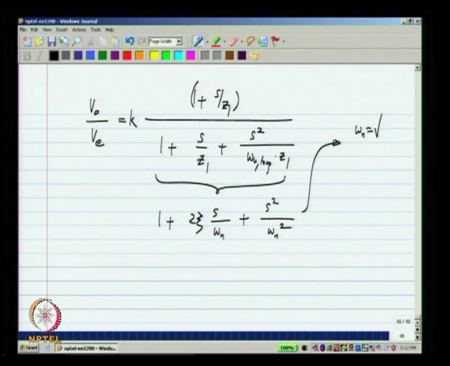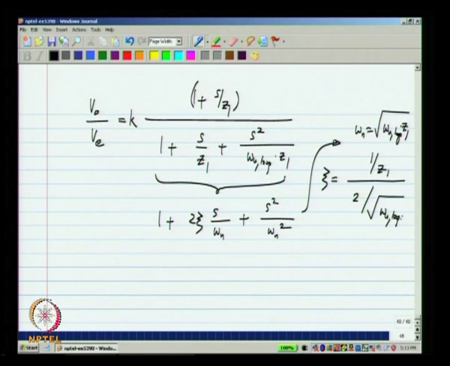Omega n is square root of omega u loop times Z1 and zeta will be, okay, in other words, it is half square root of omega u loop divided by Z1.